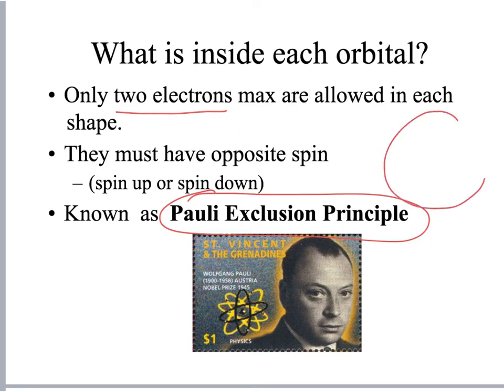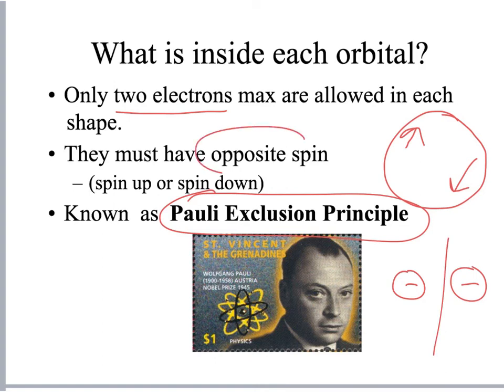So, for example, in the spherical s orbital, we would say that one electron is spin up and one is spin down. They would want to be on opposite sides, avoiding each other, because we know negative charges don't like being near each other. They repel. So we say that electrons in the same orbital shape have opposite spins, one spin up and one spin down. And again, this is called the Pauli exclusion principle.